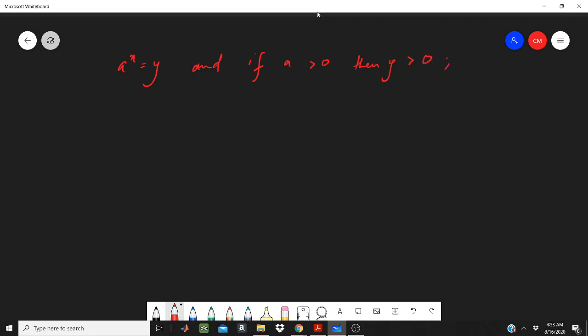If this statement is obvious to you, then that's very good, but if it's not, then let's go through this step by step. So what are the constraints on x? x can be positive or x can be negative.